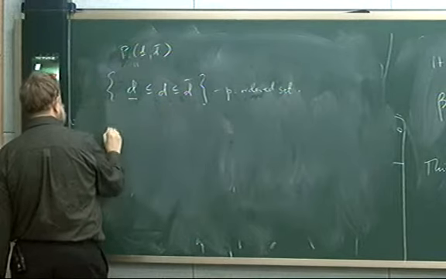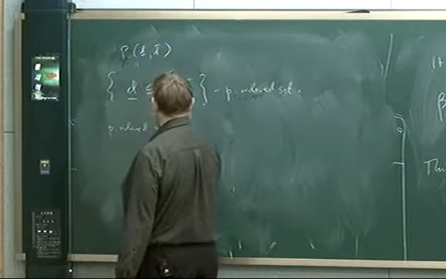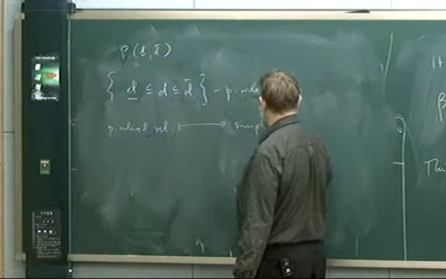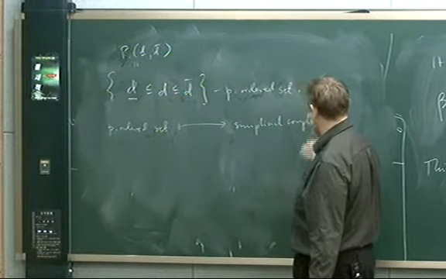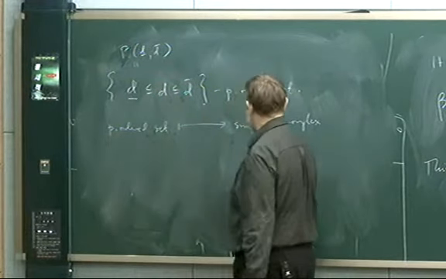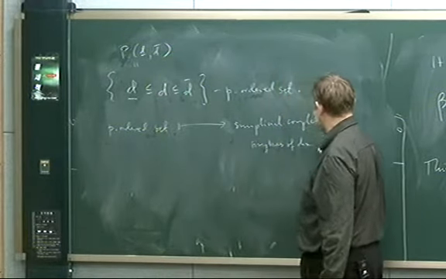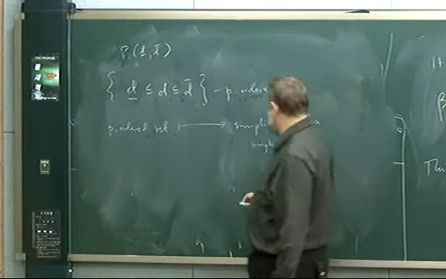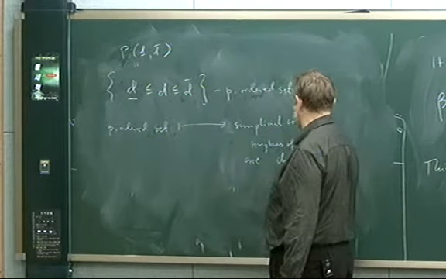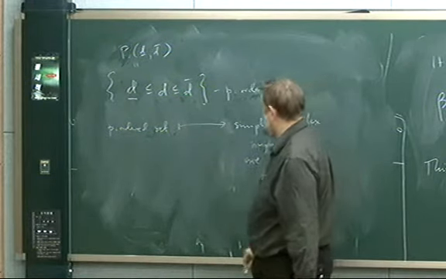If I have a partially ordered set, I can associate to it a simplicial complex in such a way that the simplices of dimension t are chains x1, ..., xt in P.